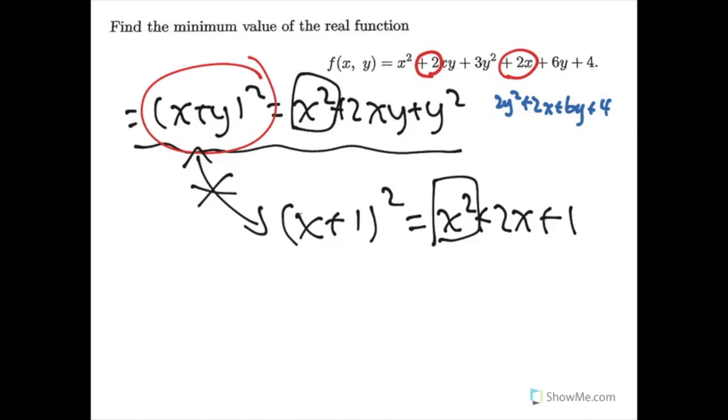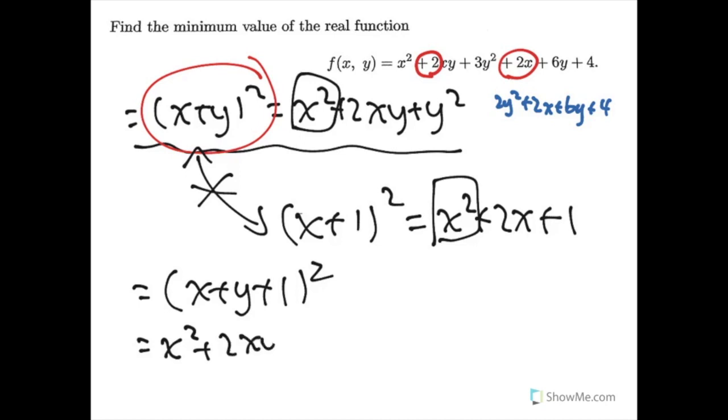But there is another way around this, and that is by combining these two in a clever way. (x plus y plus 1) all squared. So what does this give us? This would give us x squared plus 2xy plus y squared plus 2x plus 2y plus 1.